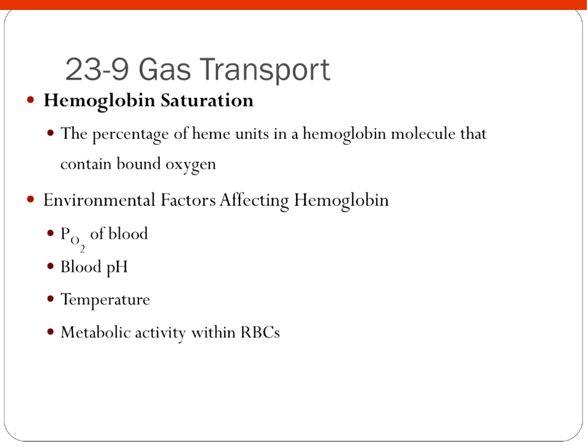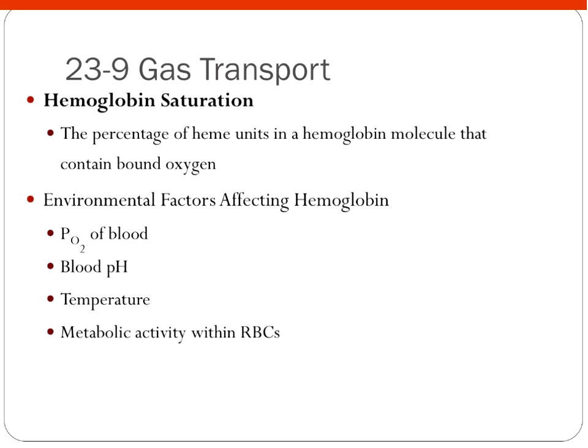Also, the blood pH. Blood pH plays a very big role in the chemistry behind all of this. So how likely hemoglobin is to let go of that oxygen, and how strongly it may or may not be bound to it, the affinity for it, is going to be determined by blood pH.